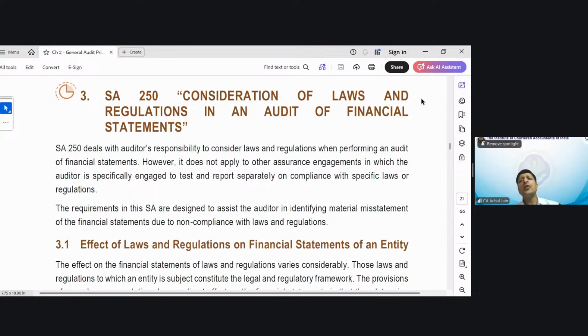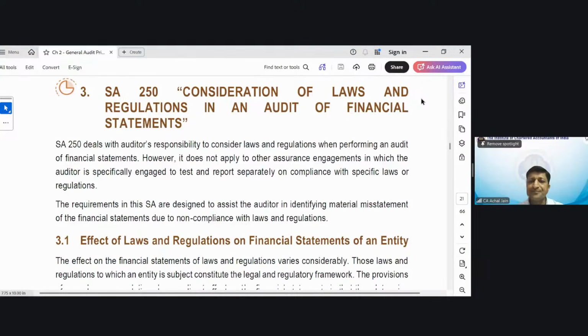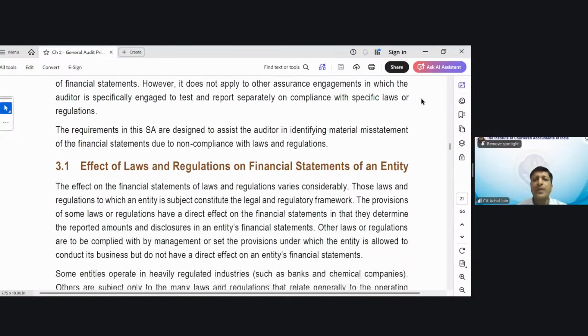That is where the laws and regulations are also important. Why? Because the way the financial statements have been drafted, consideration around that on the part of the management would have played an extremely important role. Yes or no?